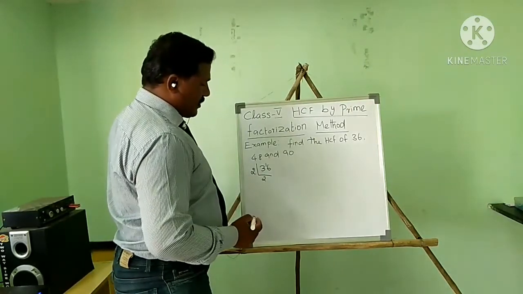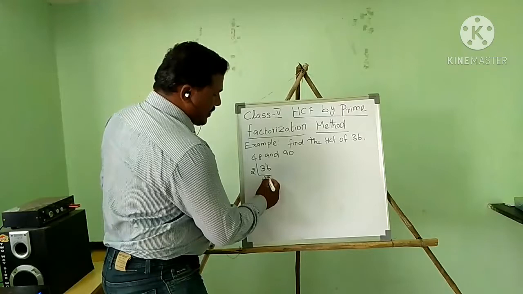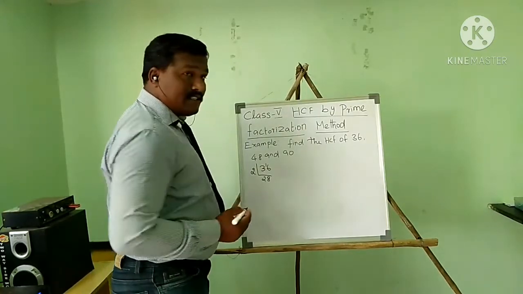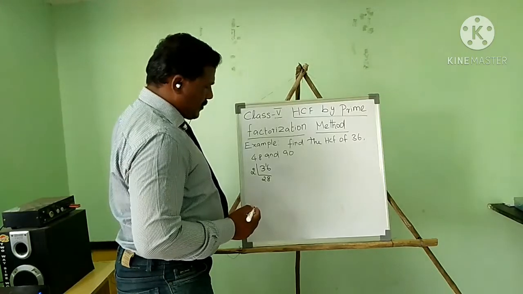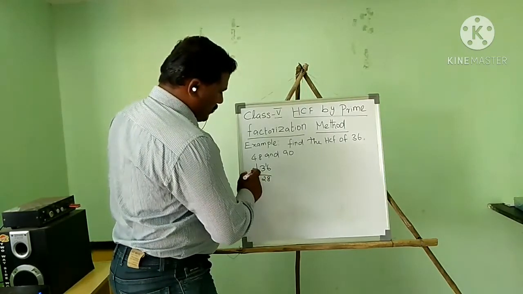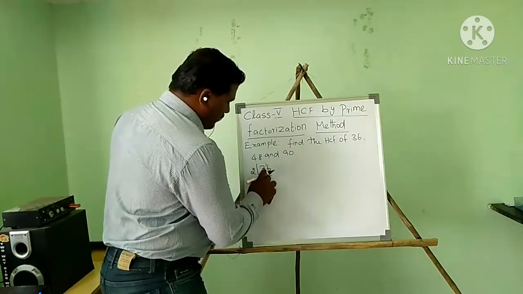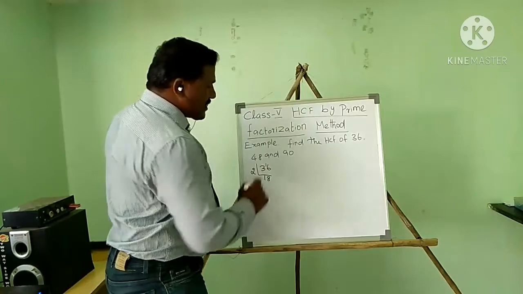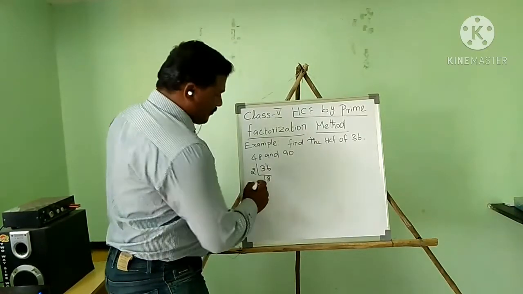So 16. 8 twos are 16. So 2 18s are 36. Sorry, 2 18s are 36.